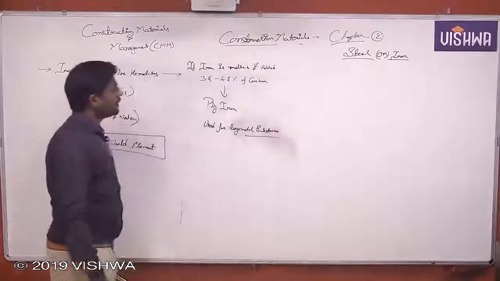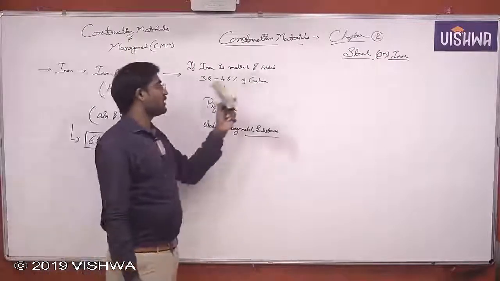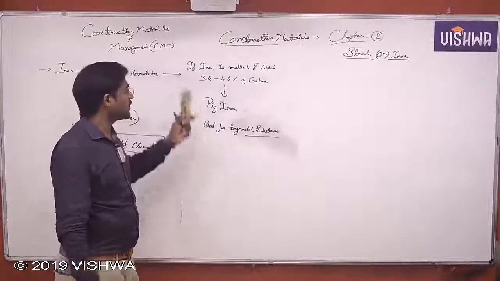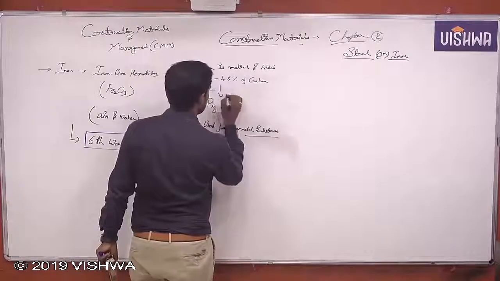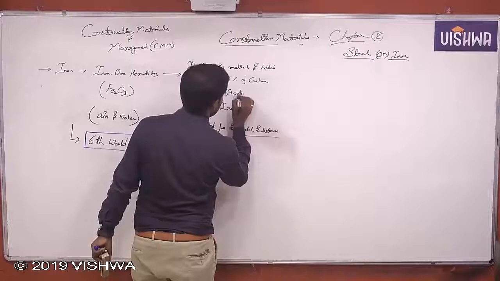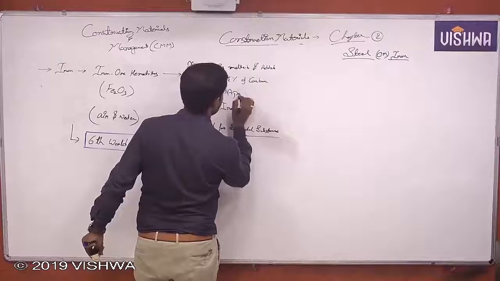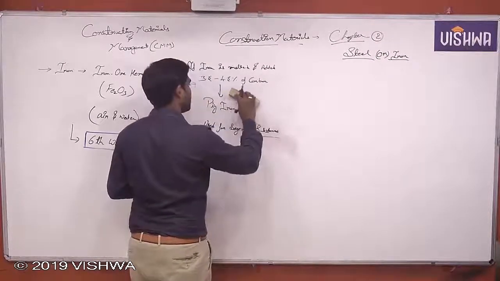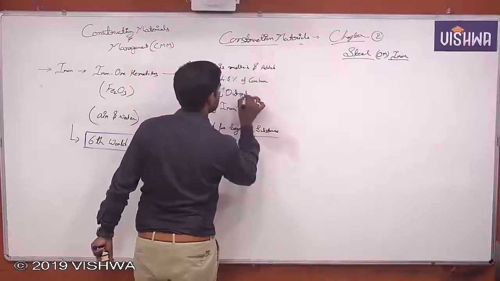So this is what we'll be fermenting with respect to this. If iron is melted and added with 3.5 to 4 percentage of carbon, then we are obtaining, we'll keep it as output so that it will be easier.